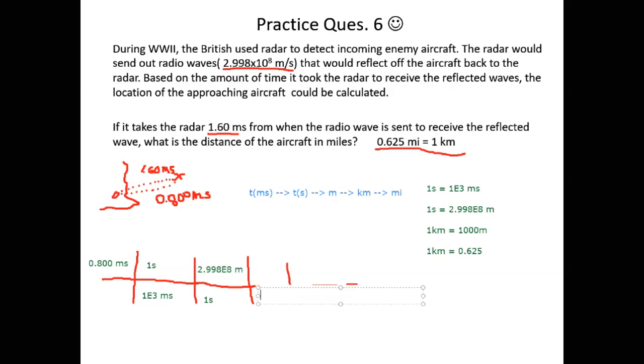Then we know we've got to convert meters to kilometers. So 1,000 meters is 1 kilometer. And then we know that 1 kilometer is 0.625 miles. So everything on top you multiply, everything on the bottom you divide.